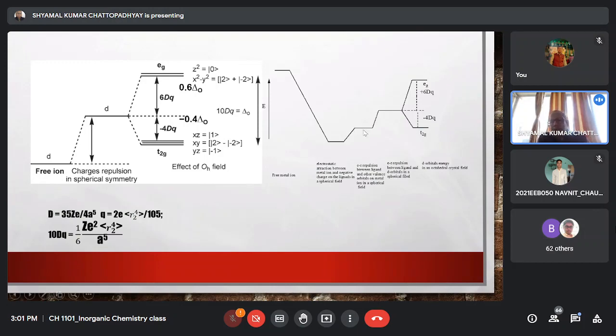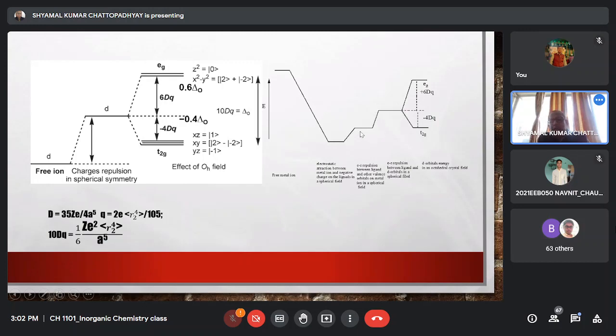And this electron repulsion, we have split up into two cases. One is the electron-electron repulsion between the ligand electrons and the valence orbitals of the metal ion in the spherical field. This one is all except the d orbital, and we have considered the d orbital specially in this way.